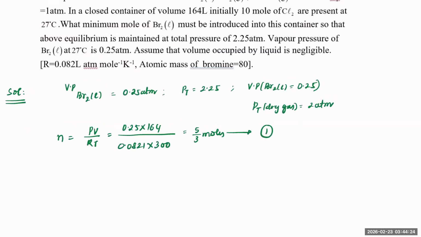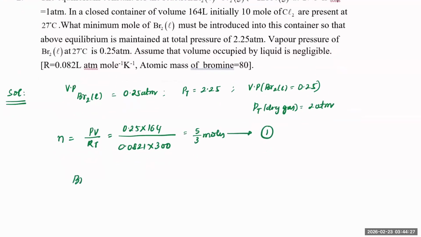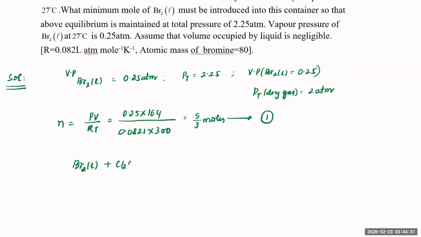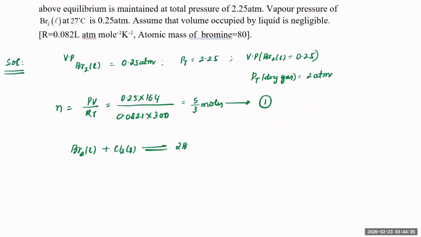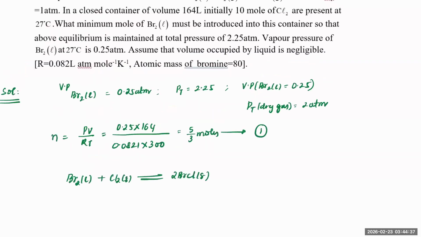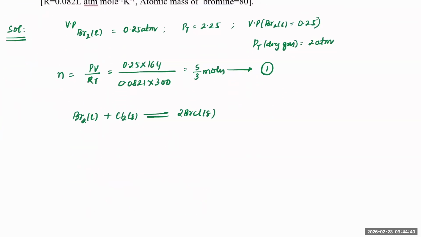Now coming to the actual equilibrium, which is Br2 liquid plus Cl2 gas in equilibrium with 2 BrCl gas. And the Kp value is given as 180, right?